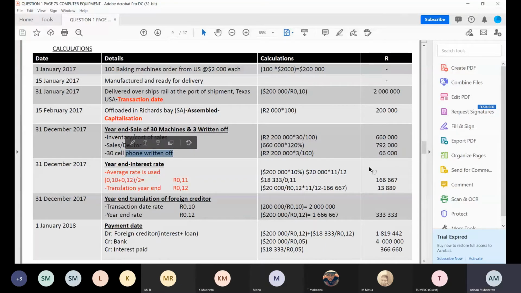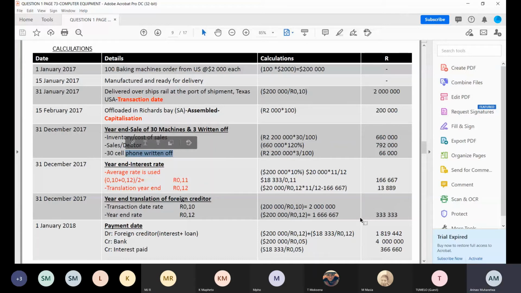We'll go to the calculation and explain those inventories. So we must go and determine.